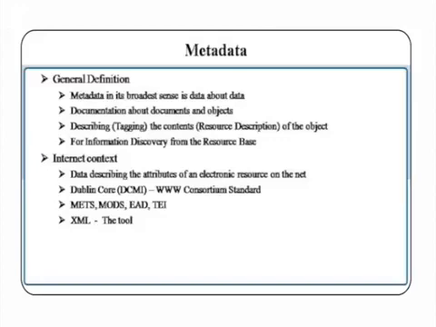Then information discovery from the resource base, data description. All these technical terms you can think of: Dublin Core, DCMI, World Wide Web Consortium standards, METS, MODS. There are so many XML standards. So how many standards are you adopting for your software? That is also one of the criteria of digital library software selection.